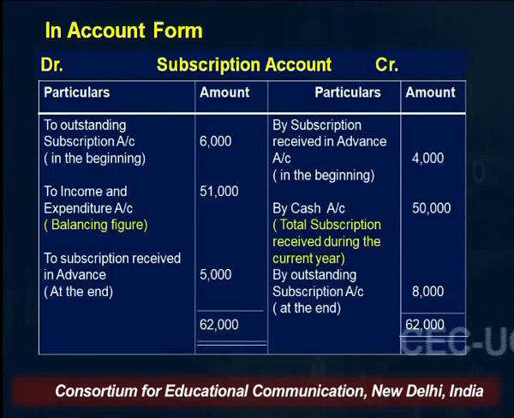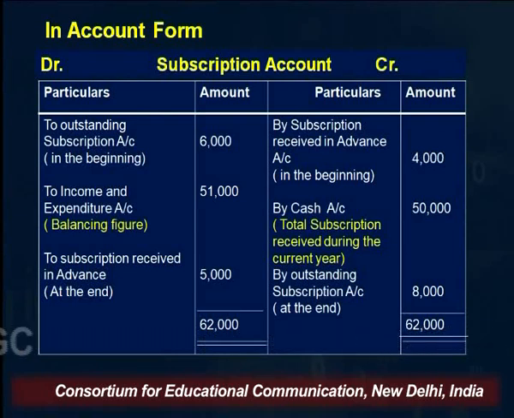If the credit side exceeds the debit side, there would be a balancing figure on the debit side, and this balancing figure is 51,000. This is the amount of that income which is related with the current year, and this has to be shown on the credit side of the income and expenditure account.